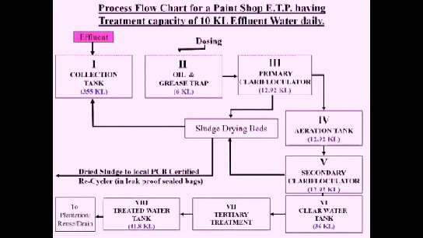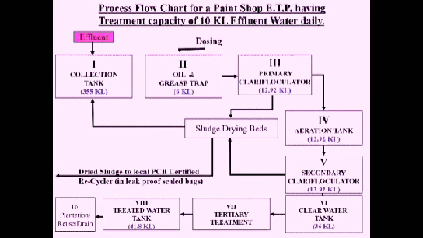So you can see in this process flow chart, the first stage is the effluent is pumped or brought by gravity to the collection tank, which in this case is 3.55 lakh liter capacity or 355 KL capacity.